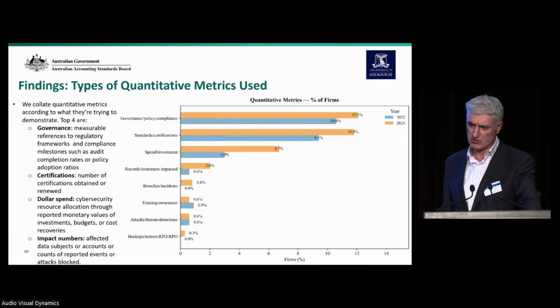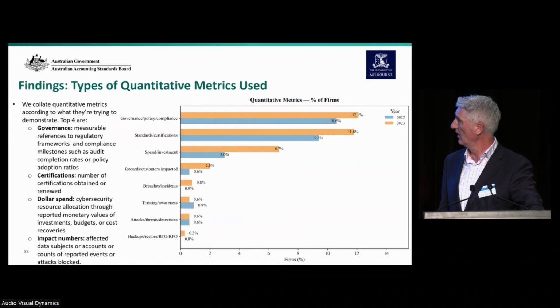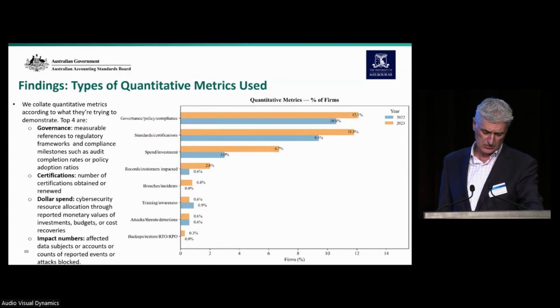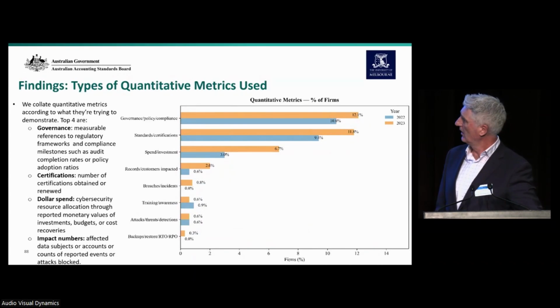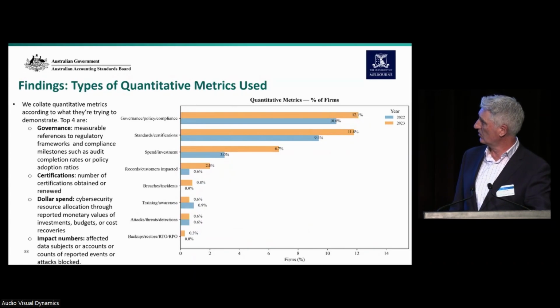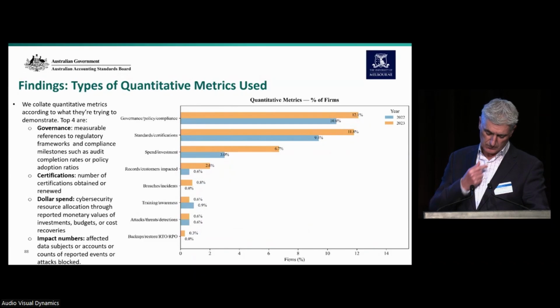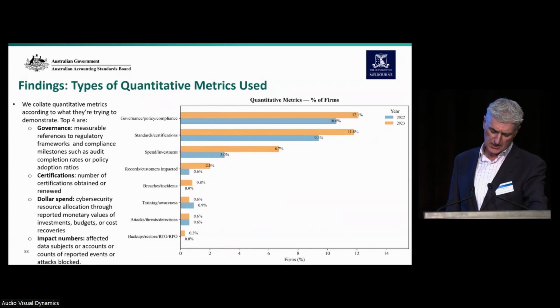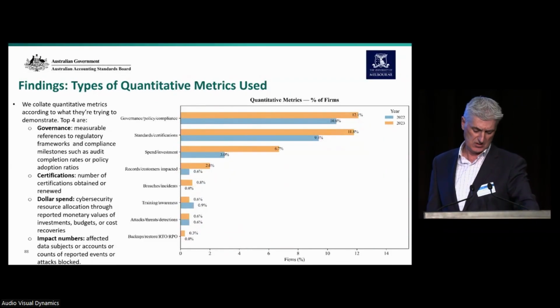There was also metrics related to certifications, where the number of certifications obtained or renewed was often disclosed as a quantitative metric. There was also dollar spend, not surprisingly, where amounts were reported pertaining to the monetary values of investments, budgets or cost recoveries related to cybersecurity.